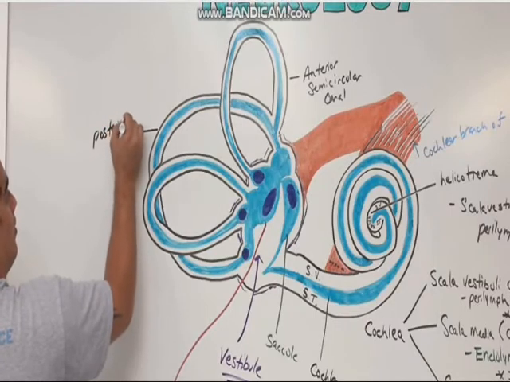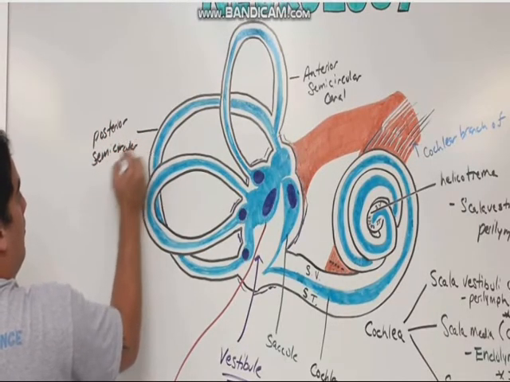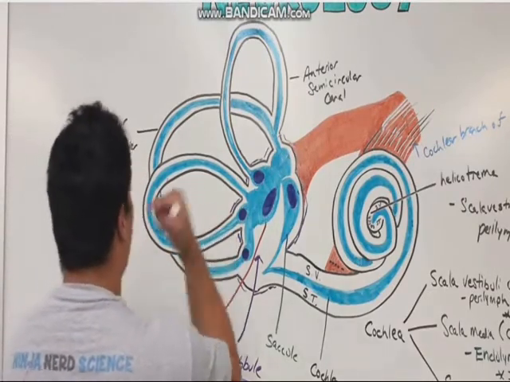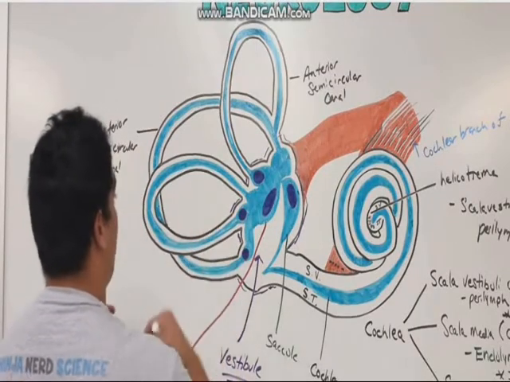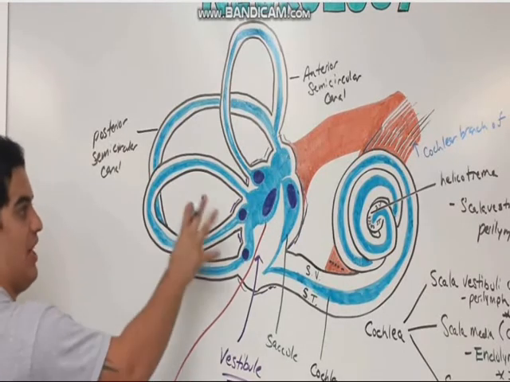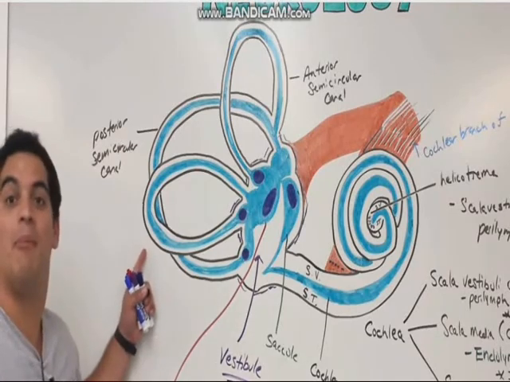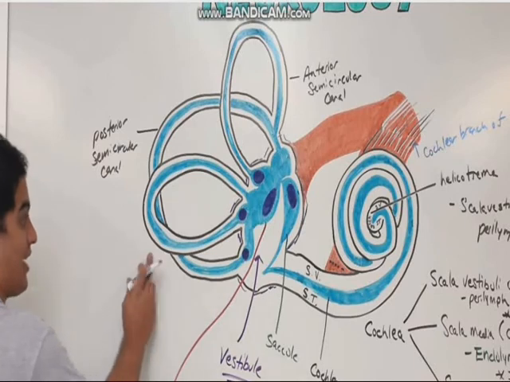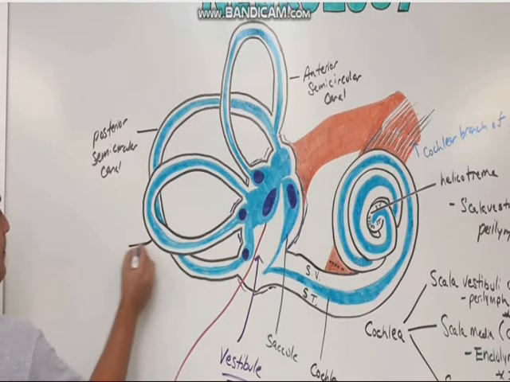This is the posterior semicircular canal, which is also vertical, and this is the lateral or horizontal semicircular canal. There are three canals.